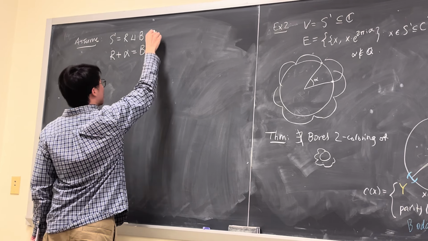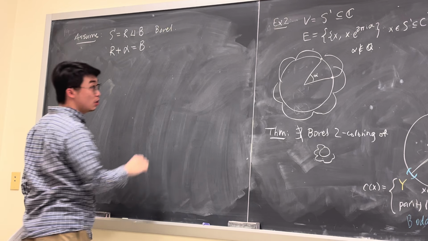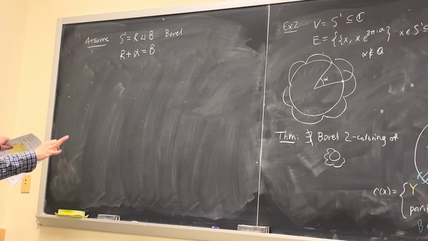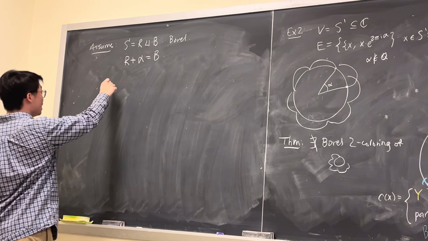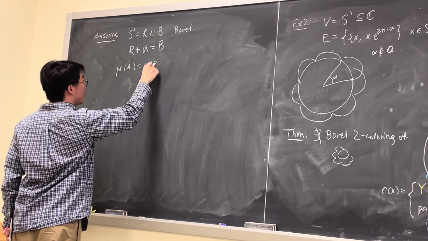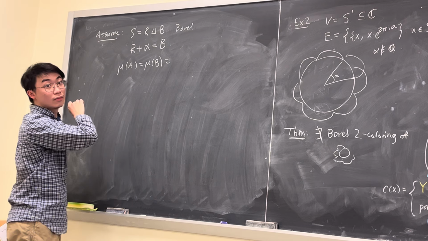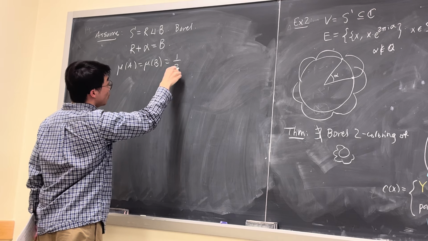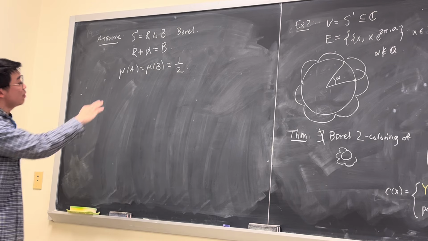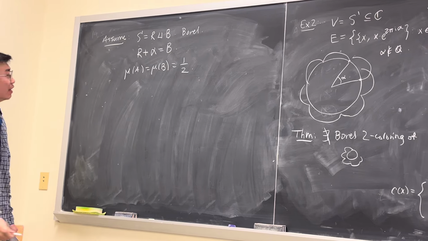And assume that these sets are Borel, so computable in some sense. By the machinery of Lebesgue measure theory, it must be then that the measure of these two sets is exactly half of the measure of the whole thing. And so if I normalize the measure of the circle to be 1, then the measure of these two sets is a half.